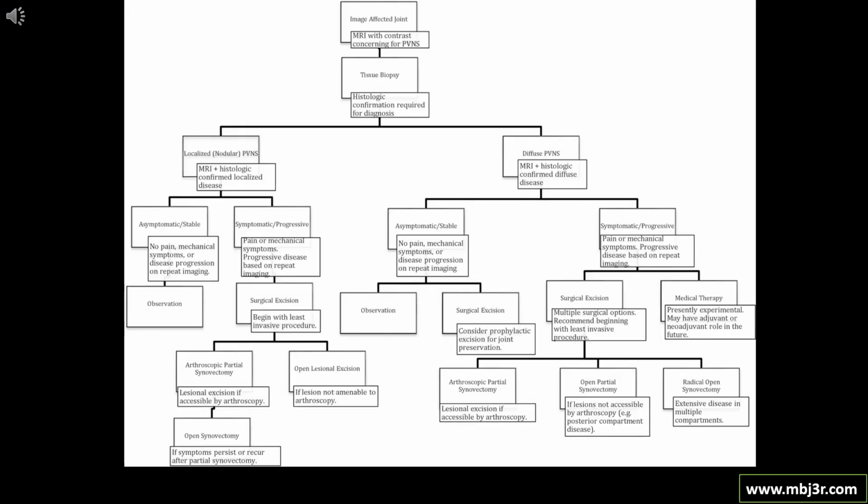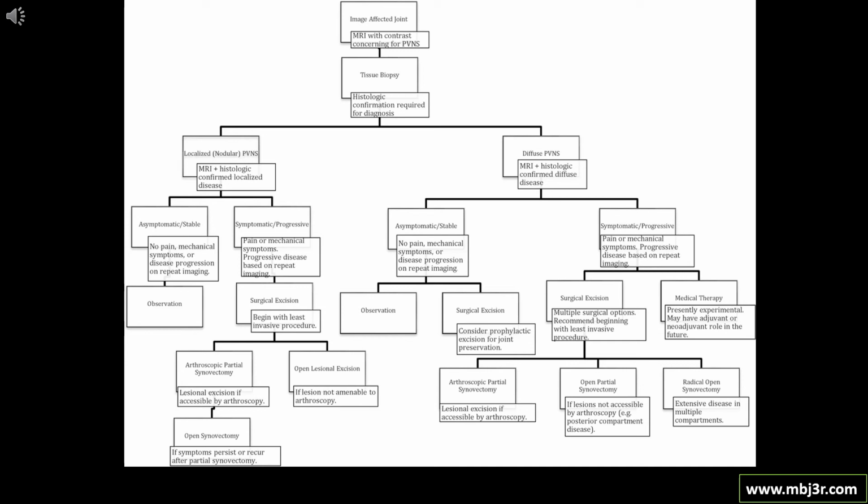Coming to the treatment of PVS. After MRI, you have to do a tissue biopsy. After histological confirmation of the diagnosis, if it is a localized form and the patient is asymptomatic, with no pain or mechanical symptoms or disease progression on repeat imaging, then you can observe the patient.